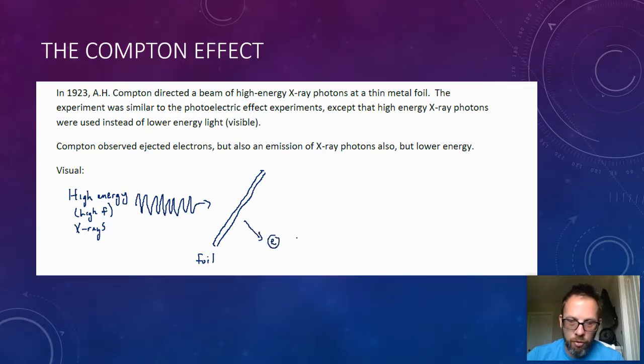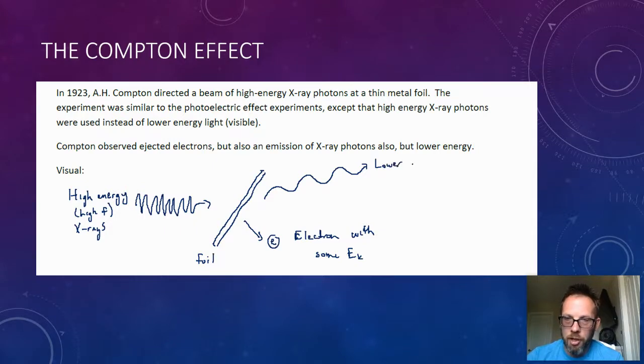So you had an electron with some kinetic energy, and because you had an electron with that energy, there also came off some lower energy X-rays, and I'm going to indicate that they're lower energy with a lot longer wavelength and a lower frequency.